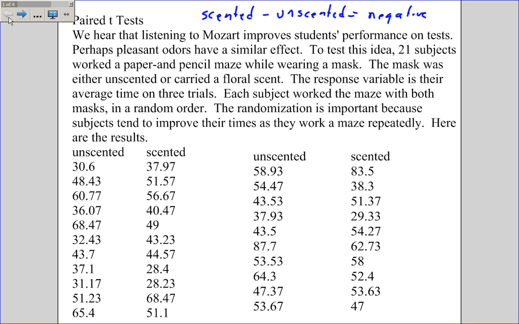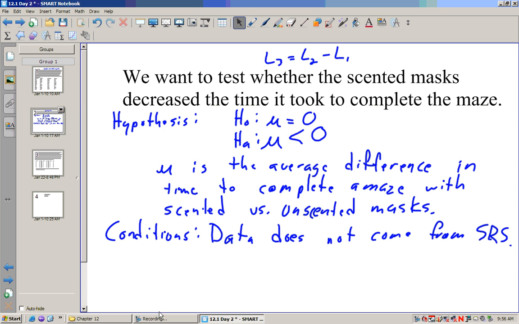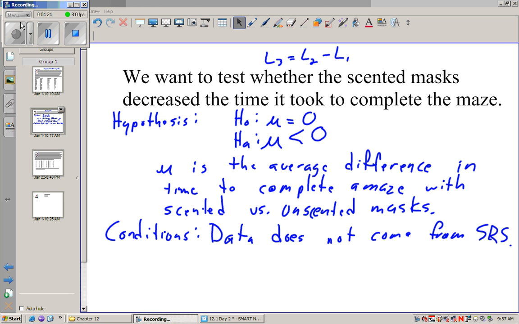For normality, we have 21 subjects, which isn't enough for the central limit theorem, so we'll need to graph them. What we'll want to do is graph your L3 and look at that box plot. Let's take a look. The graph looks really symmetric.